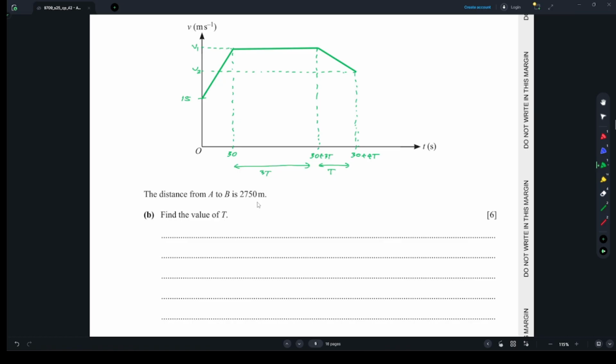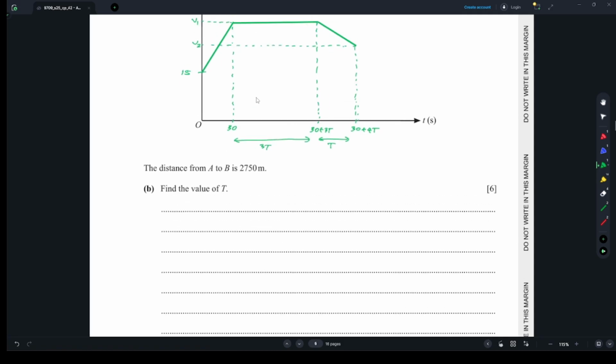But here we have a problem, because if you consider this accelerated motion, you have a trapezium, so you should know the length of the parallel lines. This one is 15, but the bigger one, we don't know, it's V1. So what can we do?